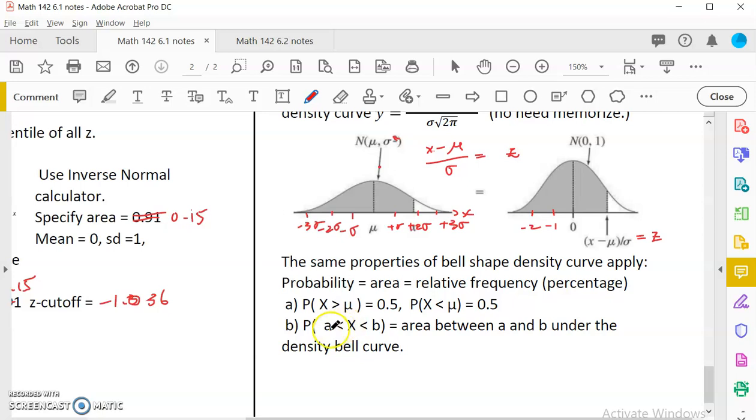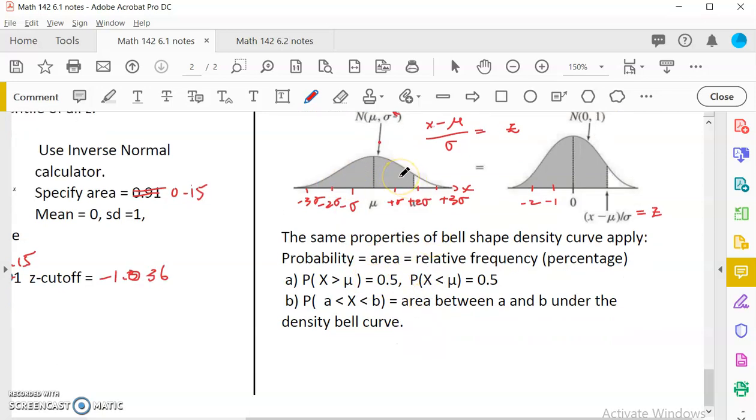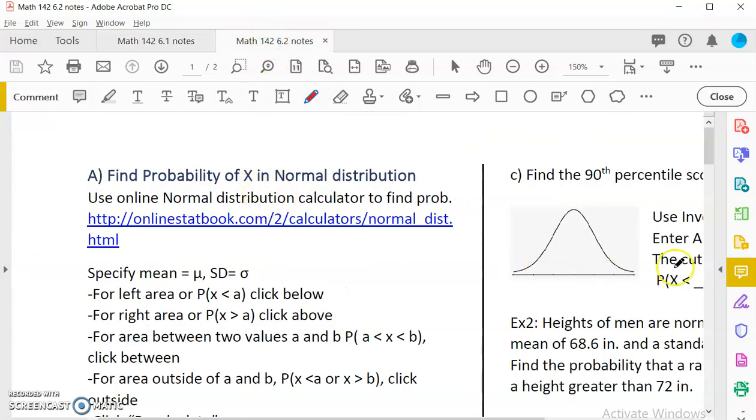Of course. And if you want to find the probability that x is between two numbers a and b, that is to find the area underneath this bell curve. Of course, to find it, we would use the online StatBook calculator.